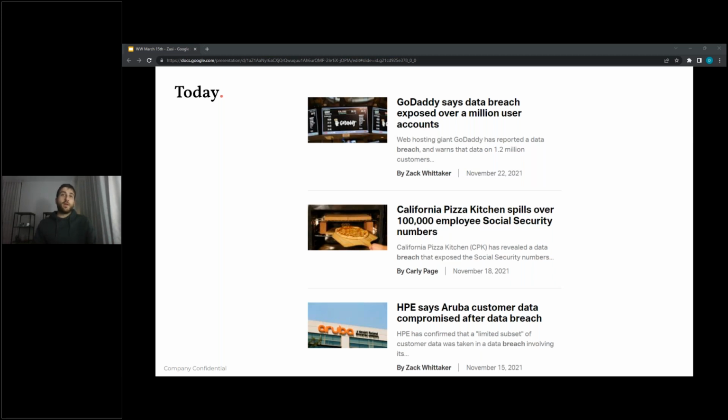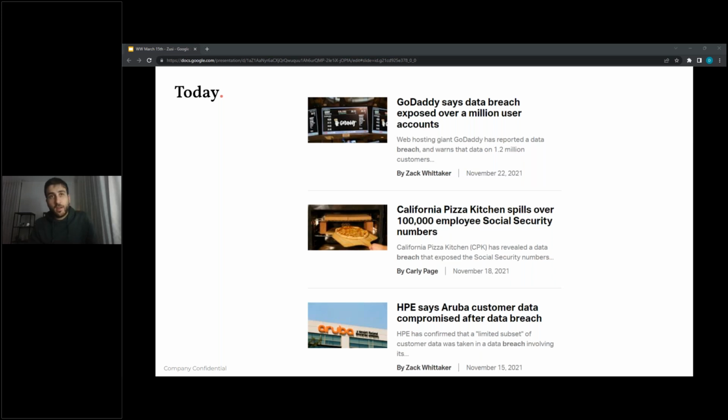And even California Pizza Kitchen had a similar incident, a data breach where they lost a lot of employees' social security numbers. So in just a random week in 2021, we're seeing data breaches, most of them around key management, secret management, stuff like that. That's kind of the motive from this random sampling.